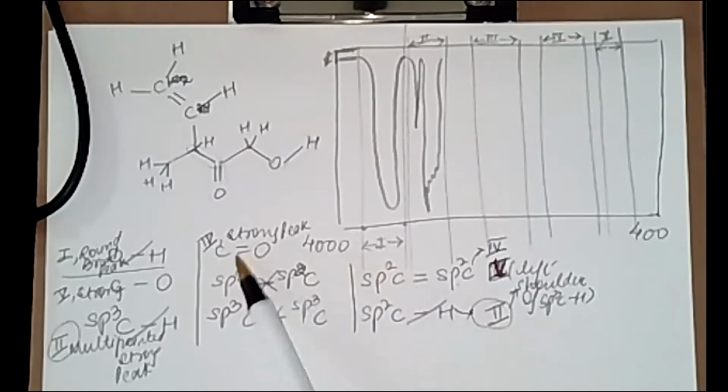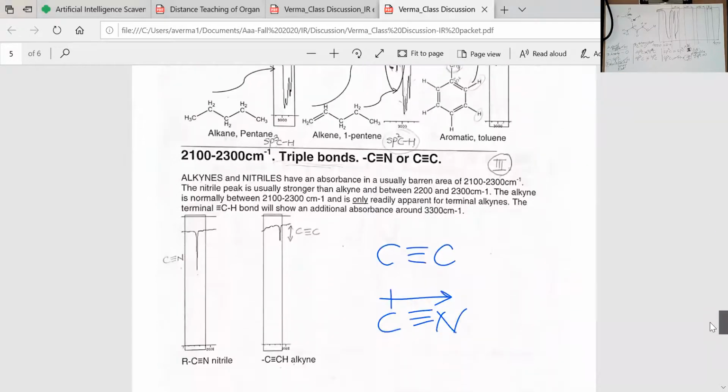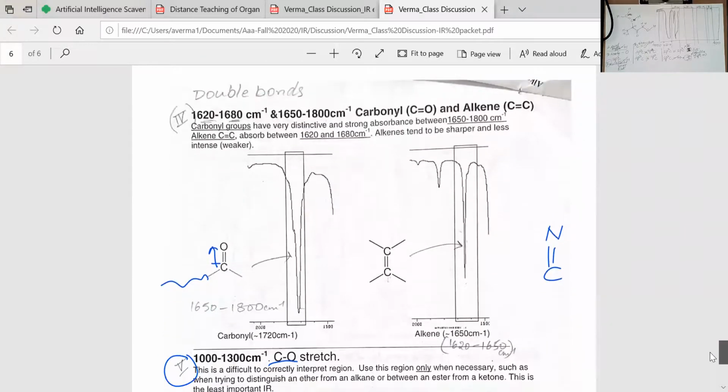Now this is a complicated question. You will not get 2 double bonds in the same region for your exam or for your quiz. But we will go to region 4. If you look at it, the C double bond O has a very strong peak, while the C double bonded C is a sharp, weak peak between 1620 and 1650.